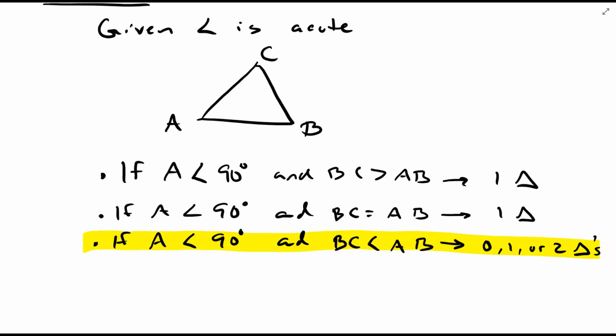It's saying that if you have an acute angle and the side opposite that acute angle is smaller than the other given side, that's when the weird things can happen. That's the only time where weird things happen. You can have impossible things happen in other cases, but they're usually easy to recognize, like the hypotenuse isn't the longest side. That's bad. But here, you don't know whether the side opposite your acute angle is the hypotenuse or not. So it could be smaller or bigger than the other side. That doesn't really change anything.